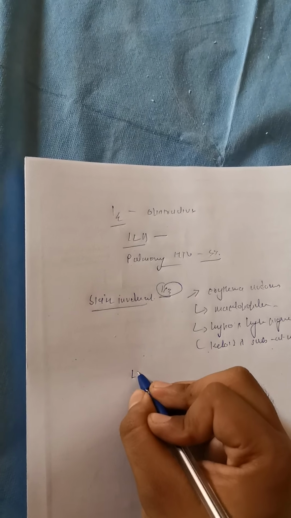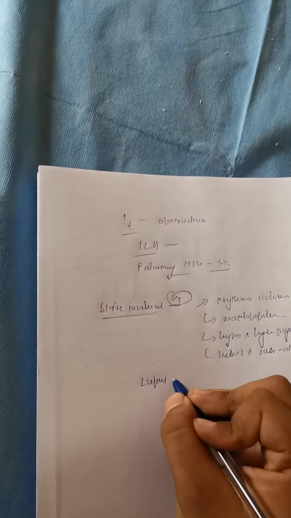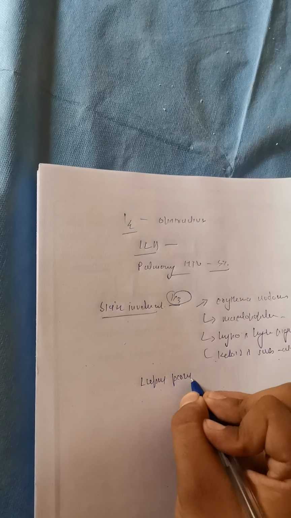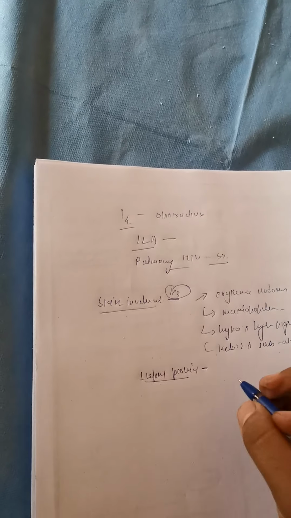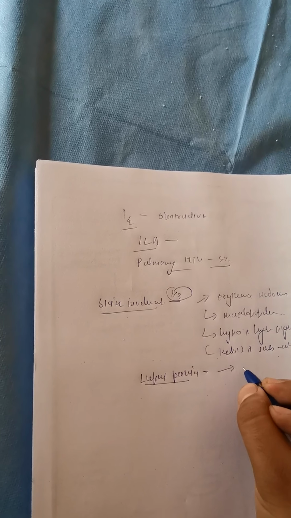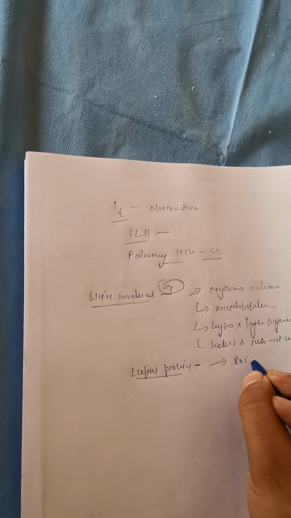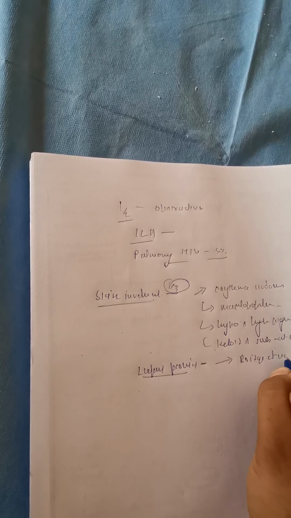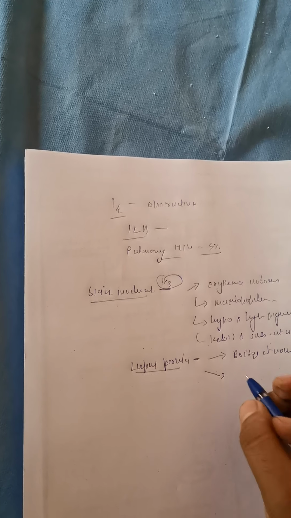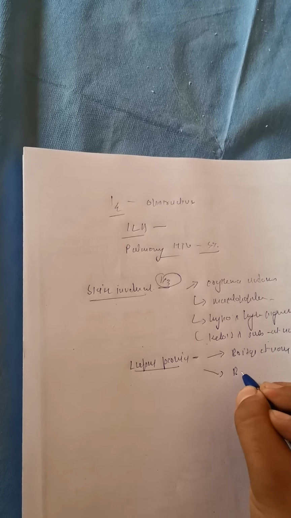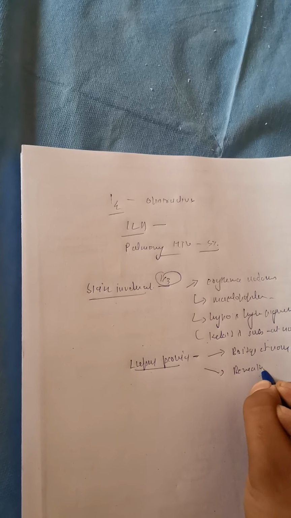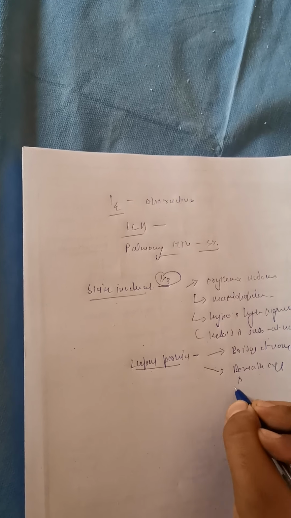Then there is a specific complex called lupus pernio, which consists of involvement of the bridge of the nose, area beneath the eye, and cheek.